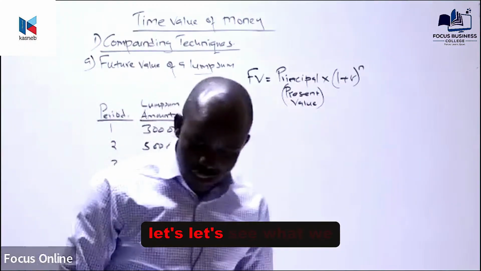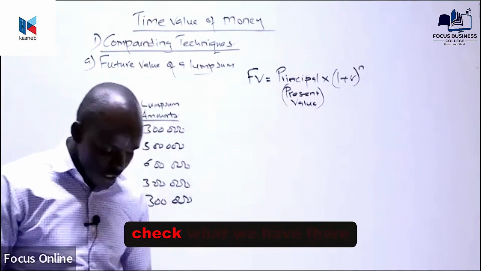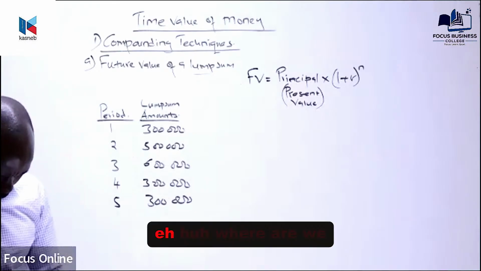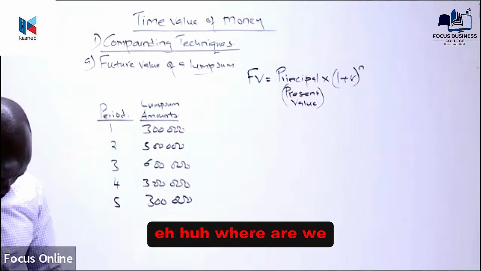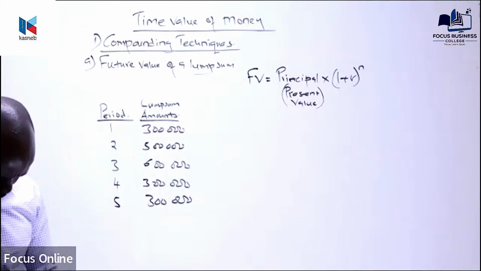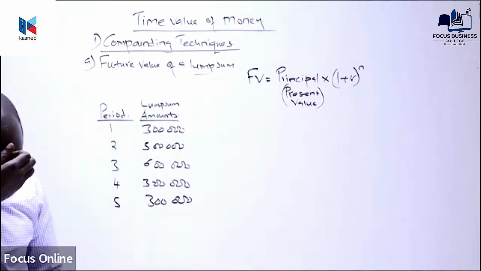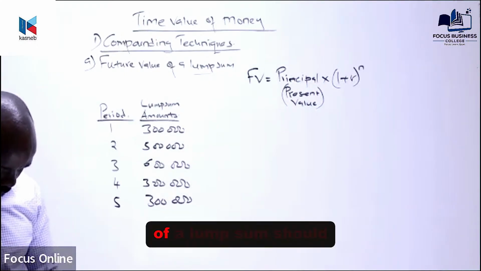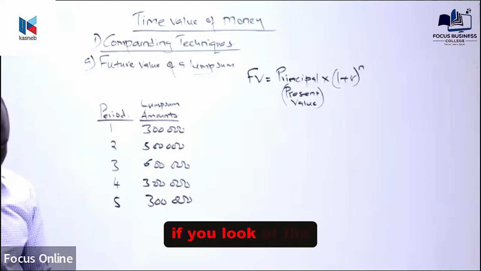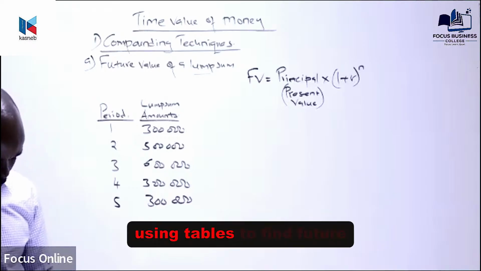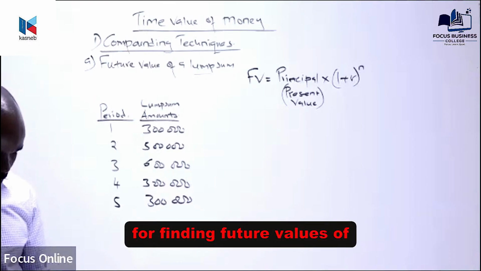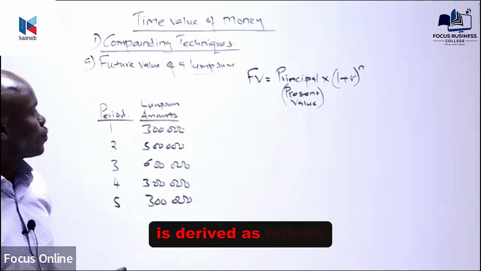Let's see what we have in the handout there. Future value of a lump sum should be there. If you look at the handout, you'll see using tables to find future value. The equation for finding future values of a single amount is derived as follows.